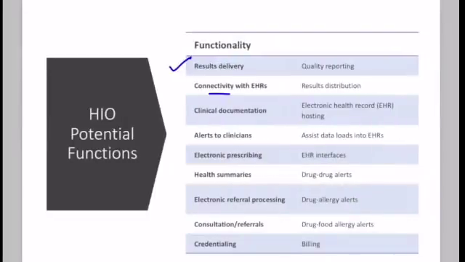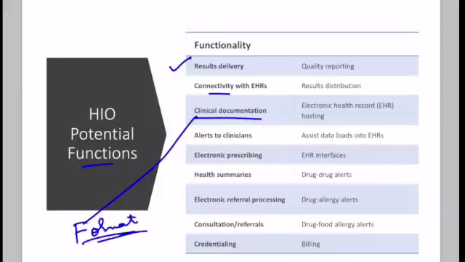Then another function of the HIO is clinical documentation. There are several kinds of clinical documentation. What would be the one format that would be universal or understandable to the multiple organizations involved?